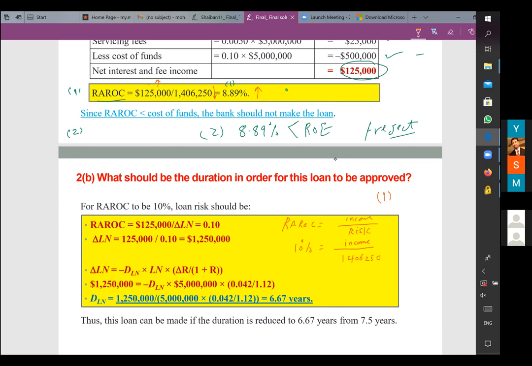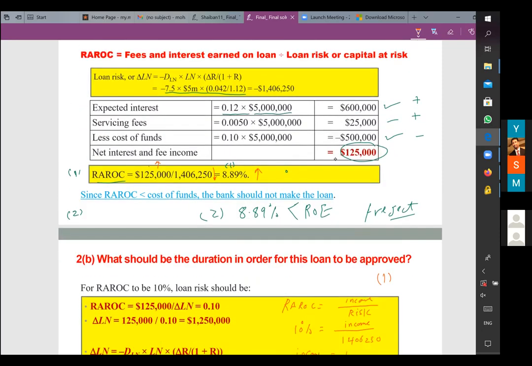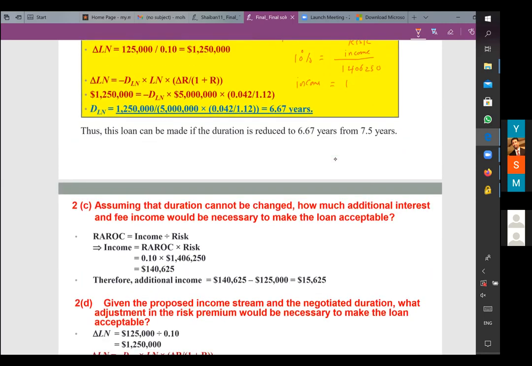To solve for the income, I found the income to be 140,625.